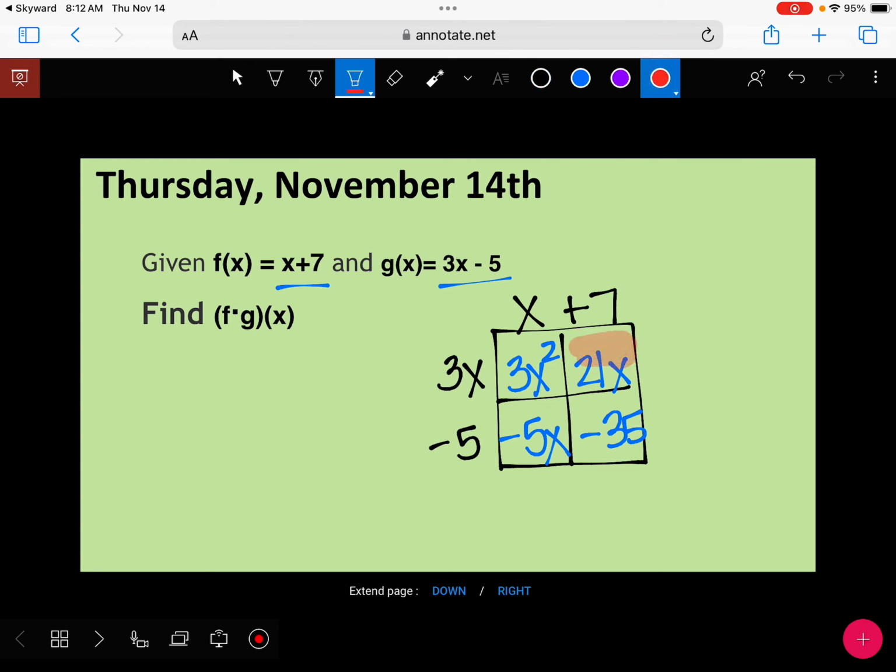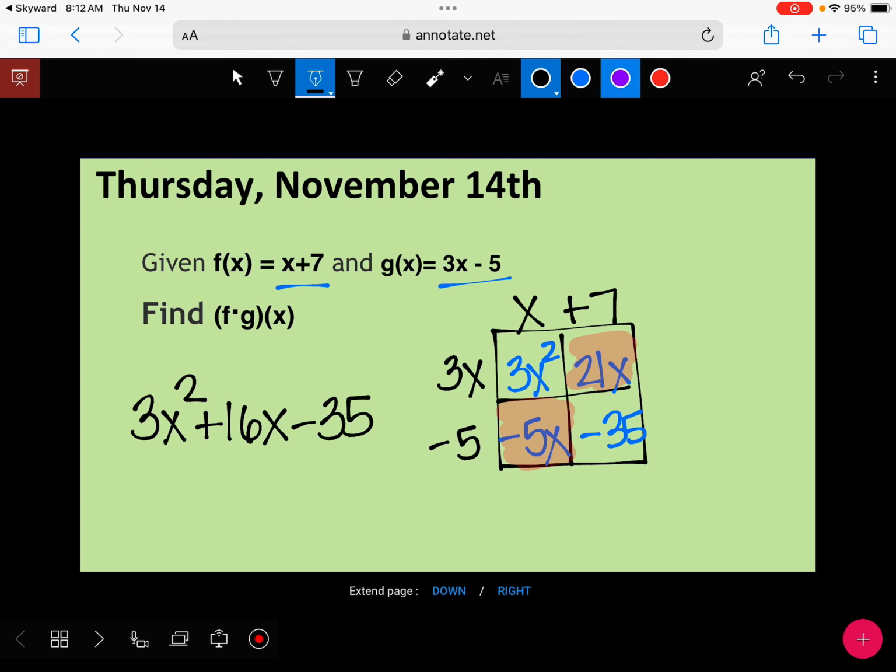So we have 2 boxes that are like terms because they have the same exponent. They both have 1x. So our final answer will be 3x squared plus 16x minus 35.